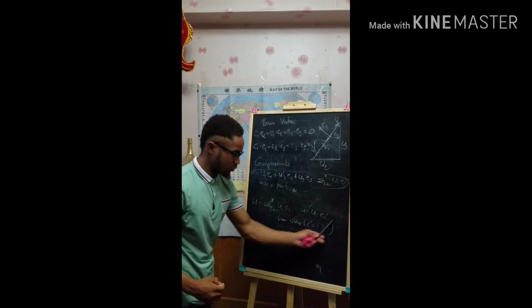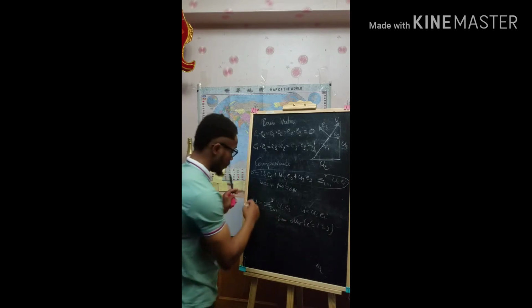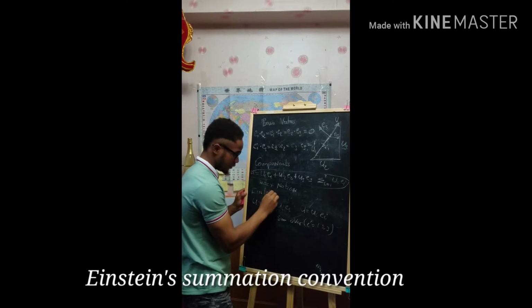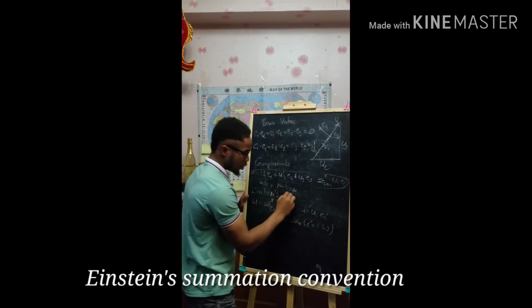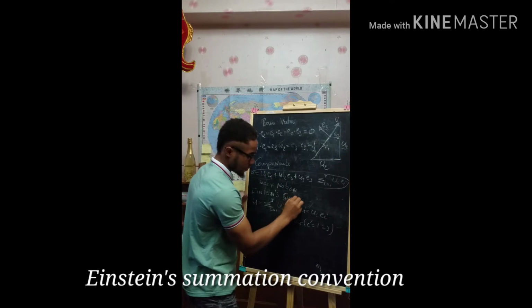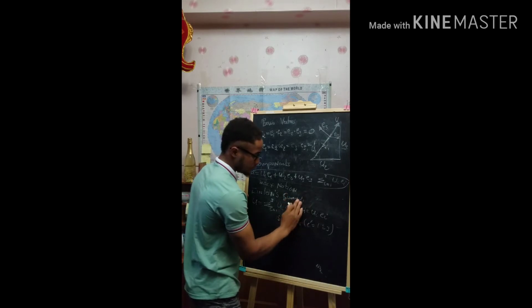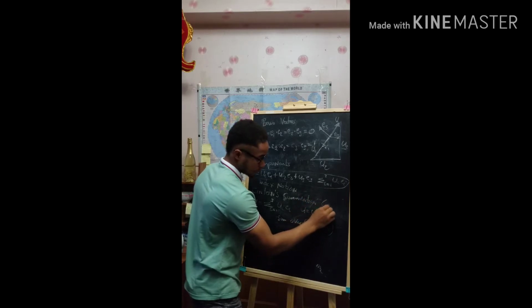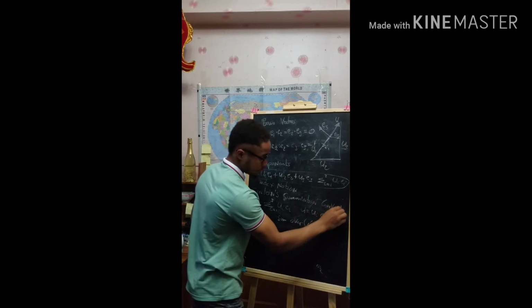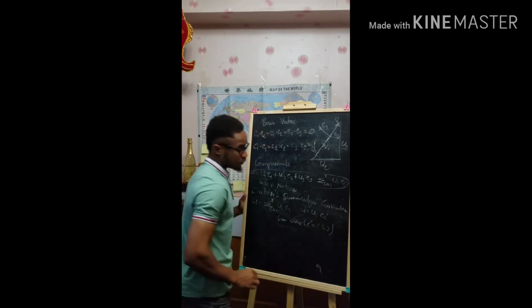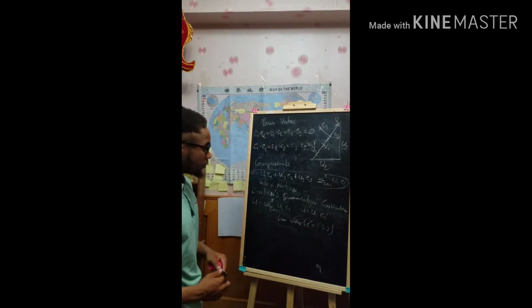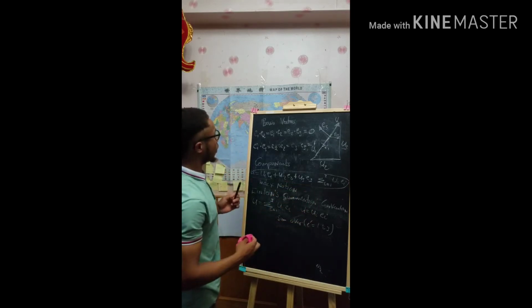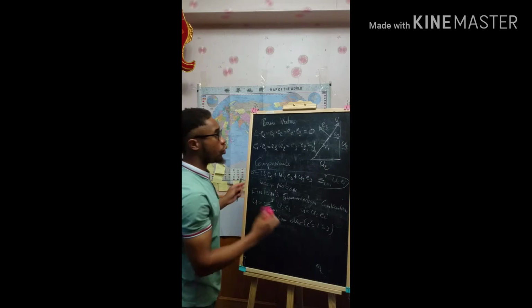This equation, that's what we call the Einstein summation convention. So let us quickly go to the Kronecker delta.